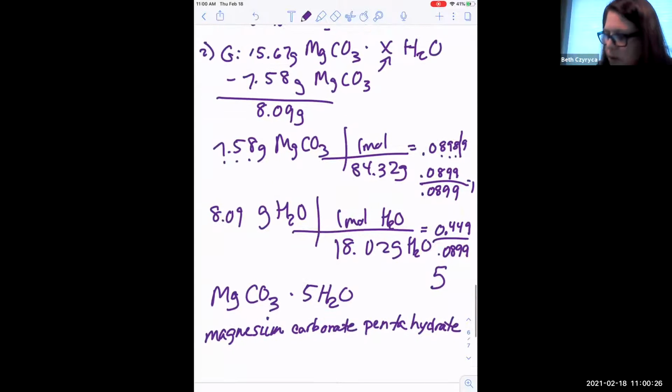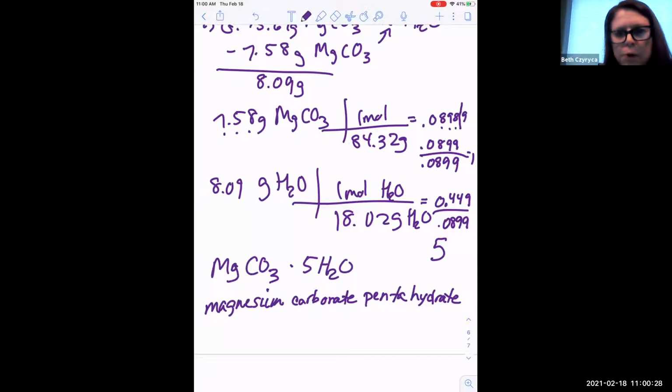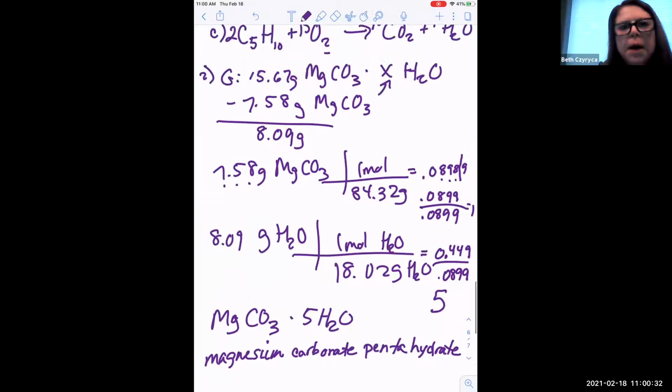All right. Any questions with those problems? So that's what you're doing for your lab. You're actually going to watch a video where they mass out a salt, a hydrate. They put it on the scale, give you the mass, you record it, and then they put it over a flame and heat it up and evaporate the water off. And then you'll do an empirical formula problem.